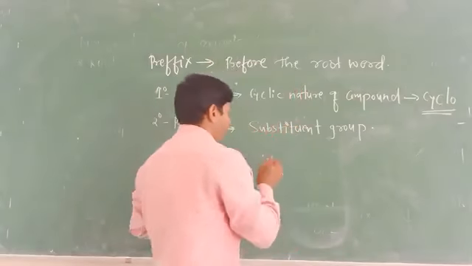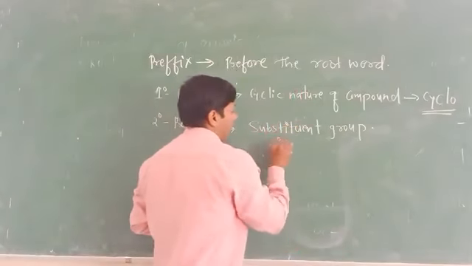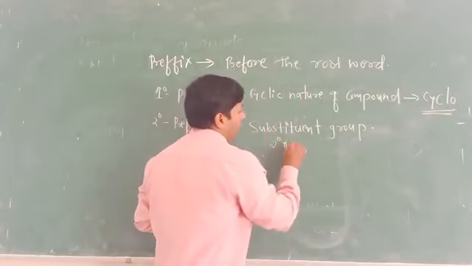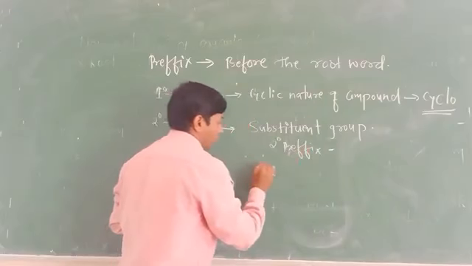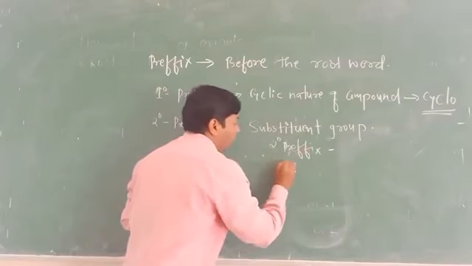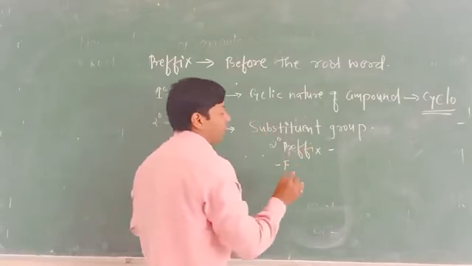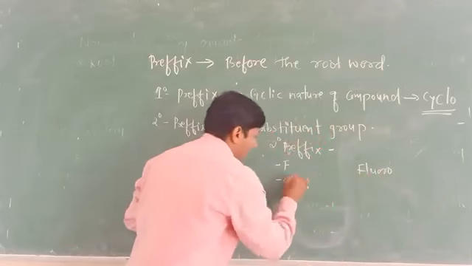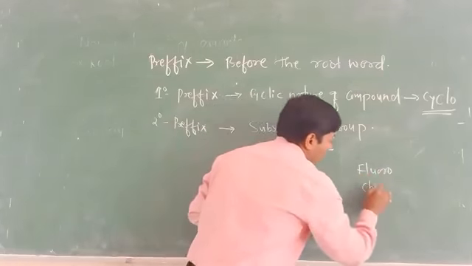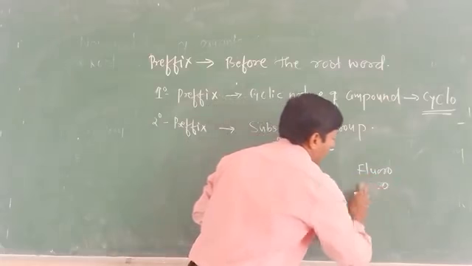For example, if fluorine is there, then you can use fluoro. If Cl is there, then you can use chloro.